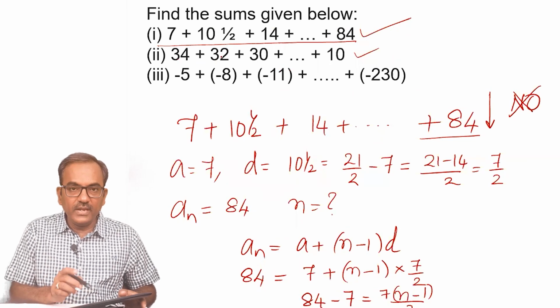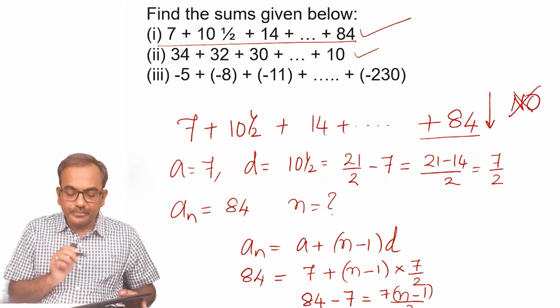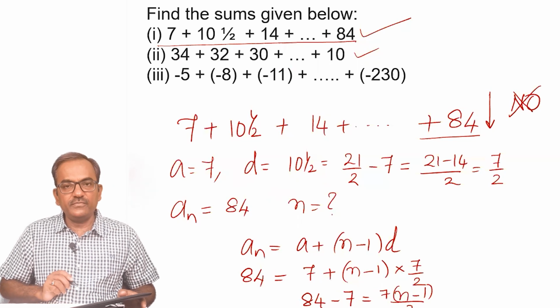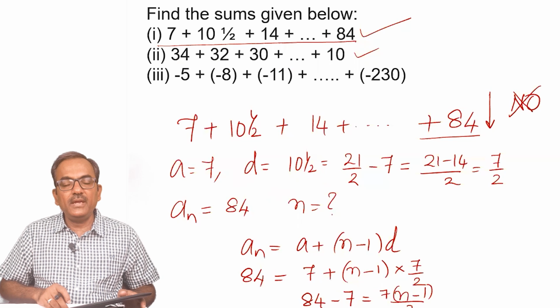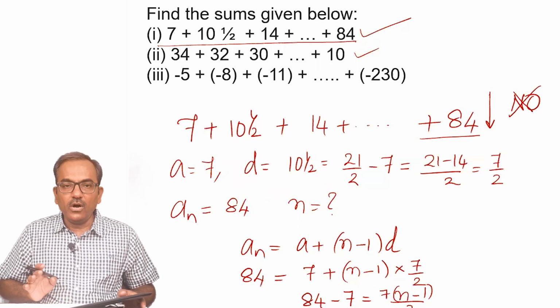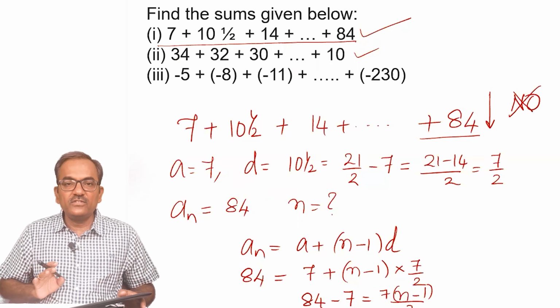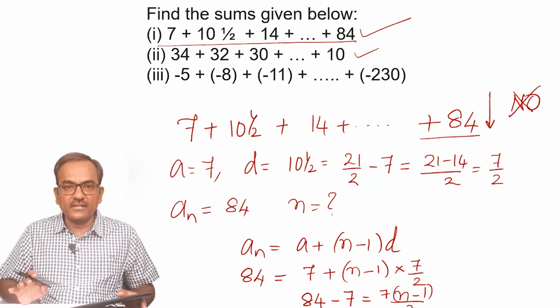Here, the value of D is minus 2. A word of caution for the children. You will always be under the impression that D should always be positive or a natural number. It's not so in all the cases. D or A, it's always a rational number.